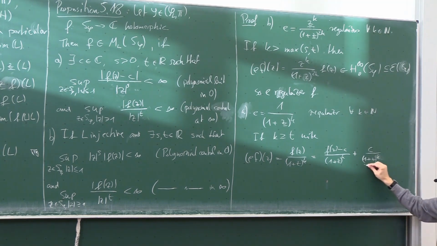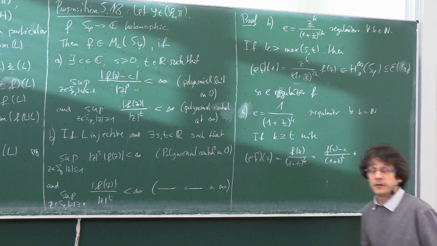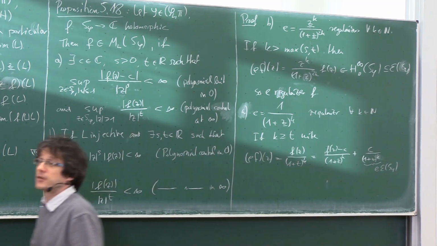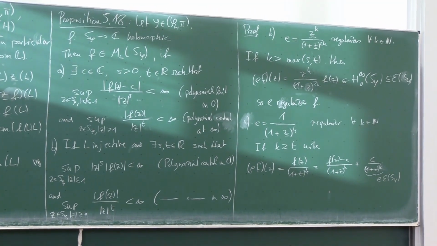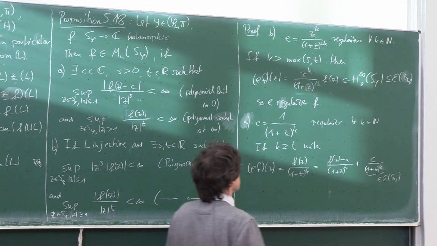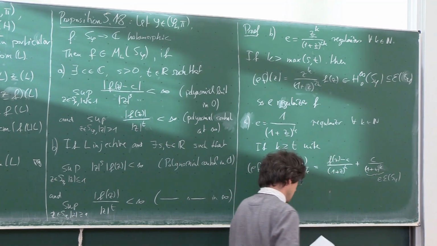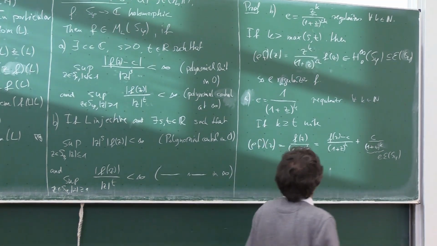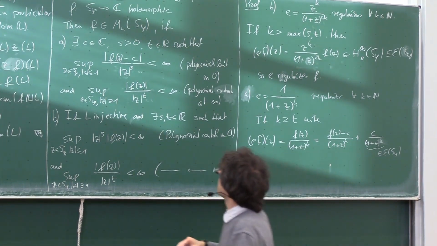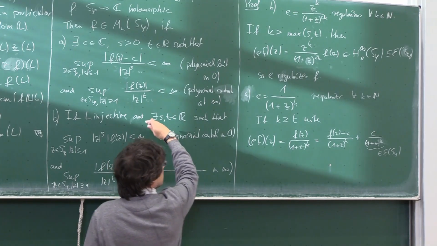So this function here is nice because the function 1 over 1 plus z is in the Dunford-Rees class. So if you multiply by some constant, then this is okay. So we only have to make sure that this one is in the Dunford-Rees class. And so let's start with what happens at infinity.